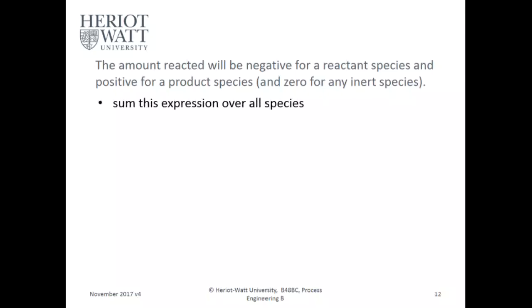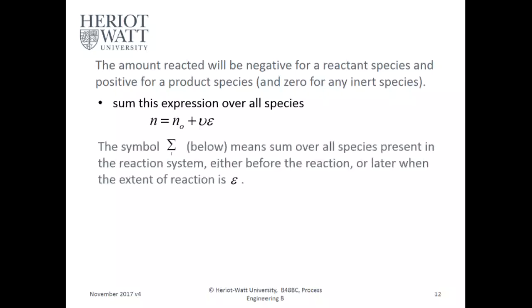Sum this expression over all species. If you sum these expressions over all the species, N equals N0 plus V epsilon. The sigma means that's the sum of all species present in the reaction system, either before the reaction or later when the reaction is taking place at that specific reaction progression.